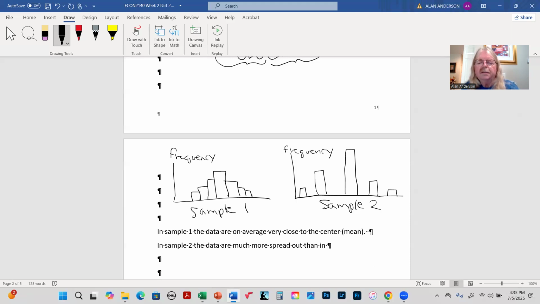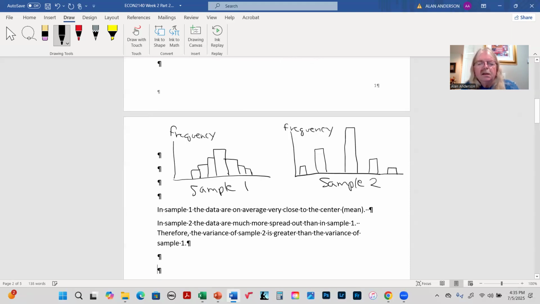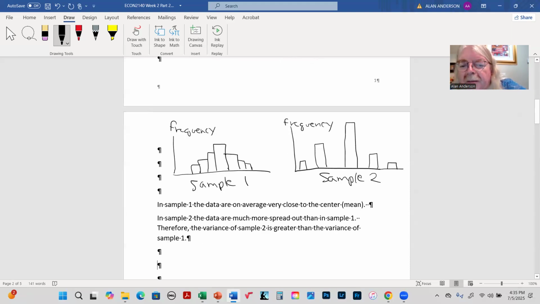Therefore, the variance of sample two is greater than the variance, rather, of sample one. So you can tell just by looking at these histograms that the data are very close together in sample one. They're pretty far apart in sample two, so clearly the variance is much higher in sample two than in sample one. Now, of course, you can only get so much information out of a graph.